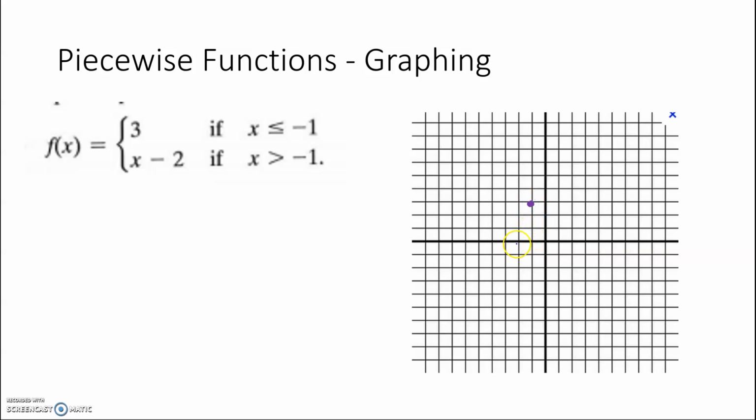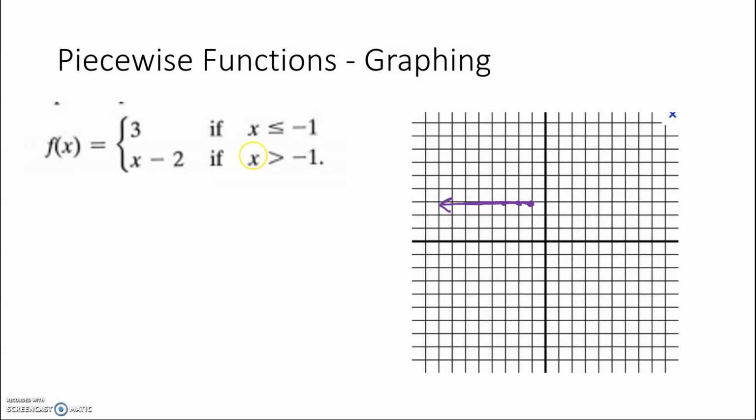If x is -2, y is 3. If x is -3, y is 3. And we're going to keep going this way forever and ever. So if x is less than or equal to -1, your y is 3.